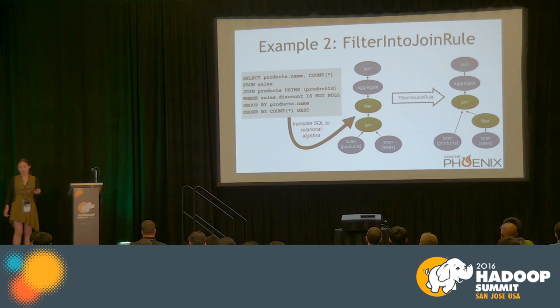The filter into join rule matches the pattern of a filter on top of a join, which is the green node here. Then it checks to see if the filter only deals with one of the join inputs. If that is satisfied, the rule will be triggered. On the right-hand side, you can see the diagram after the rule transformation, where the filter gets pushed through the join node and moves onto the scan of the sales table.